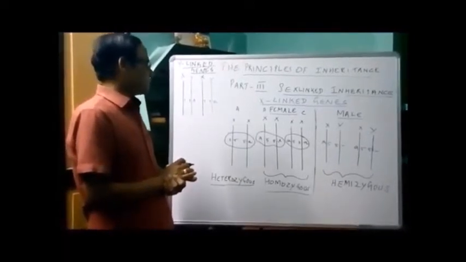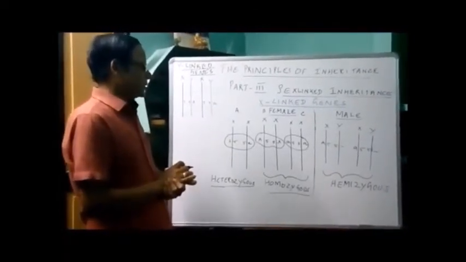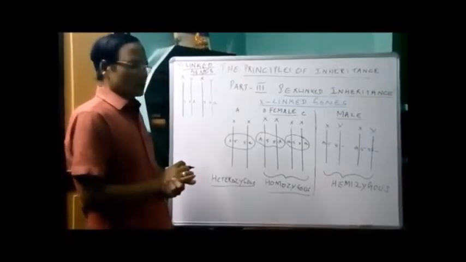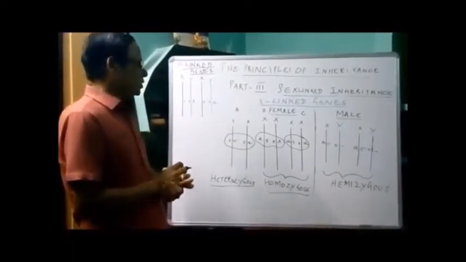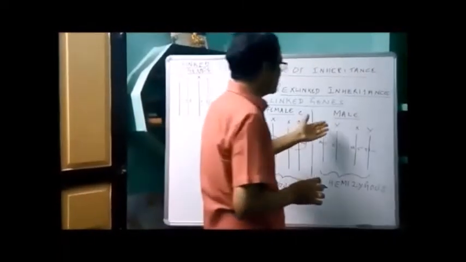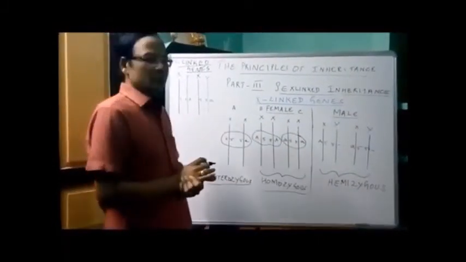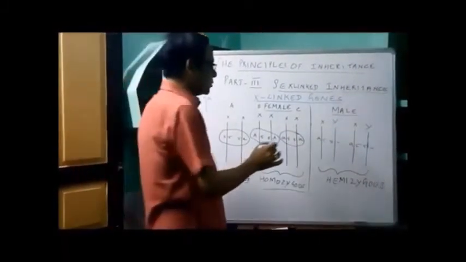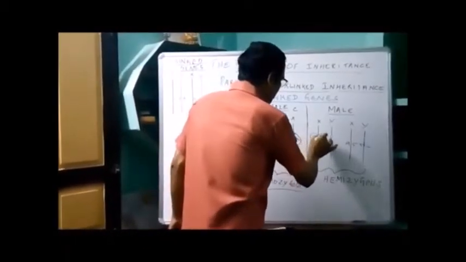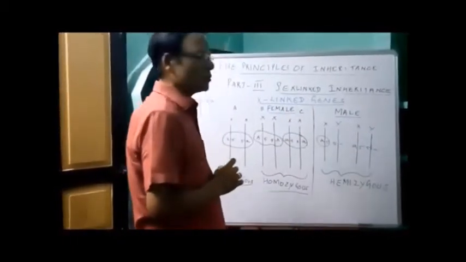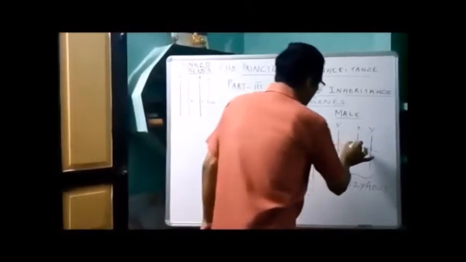Now if you are taking actually the Y-linked genes, they are present only in the Y chromosomes. And before that, what is the nature of X-linked genes in the case of male? Now the males have only one X chromosome, so they have only one gene for that trait. For example, here represent a dominant allele or a recessive allele located at the fifth locus.